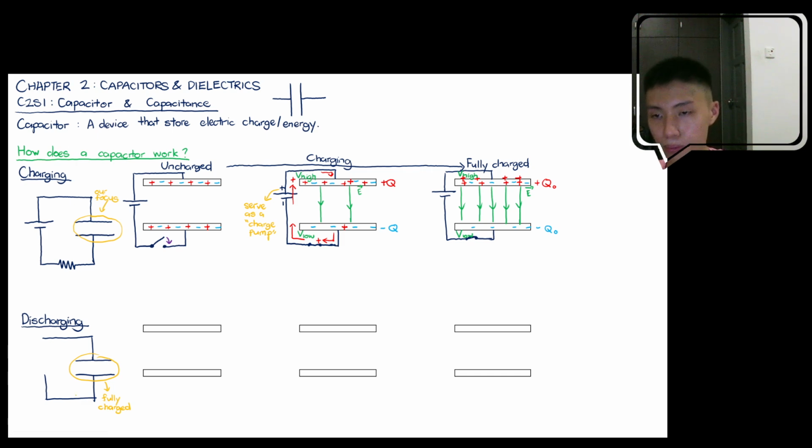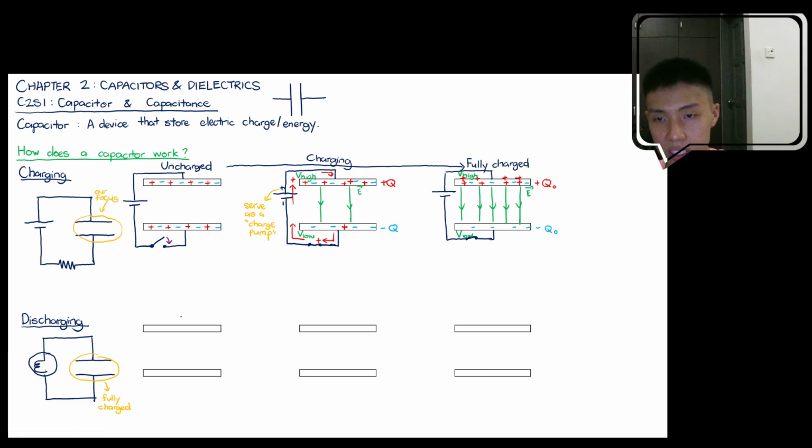It's actually very simple. What you need to do is just connect this capacitor to, let's say, a light bulb. If you want to supply the energy to a light bulb, you connect it to a light bulb.